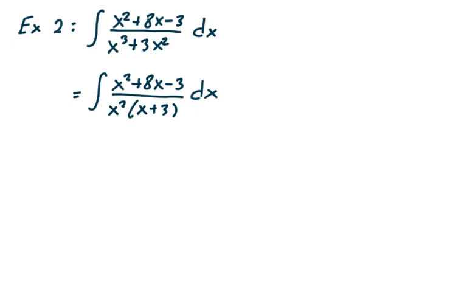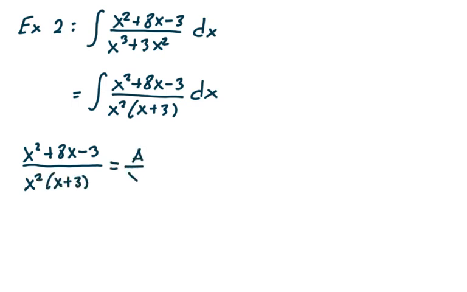So this is, again, a partial fraction decomposition type problem. And so I'm going to get x squared plus 8x minus 3 divided by x squared times x plus 3. So this is A over x plus B over x squared plus C over x plus 3.